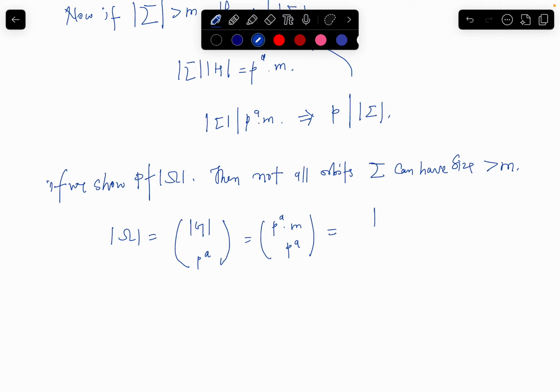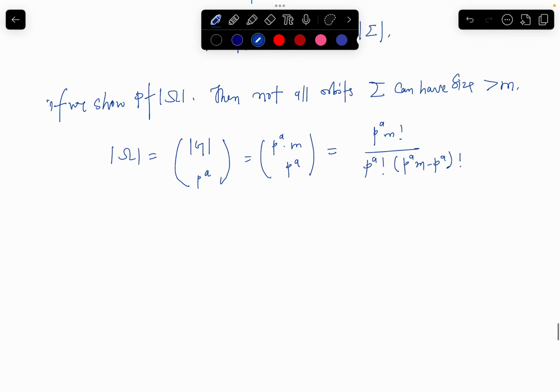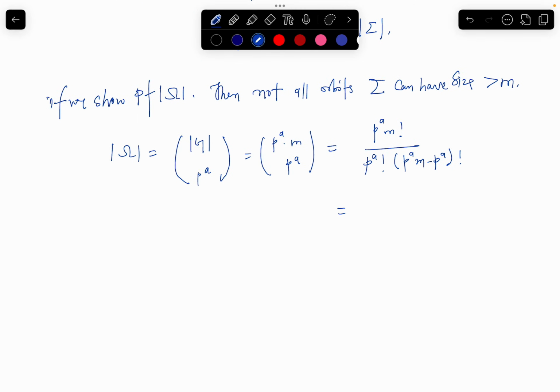So this is equal to (p power a m)! divided by (p power a)! times (p power a m minus p power a)!.